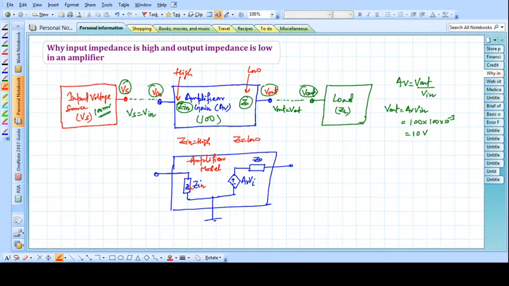Okay, so this one is the amplifier, and the other block is our source.